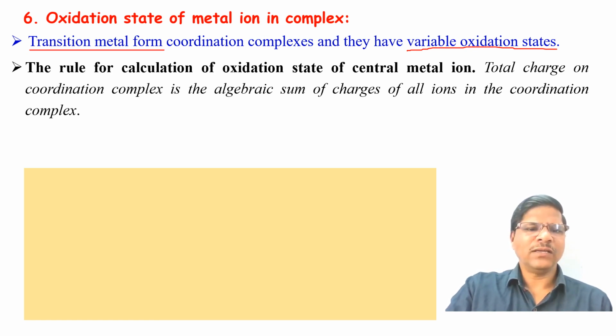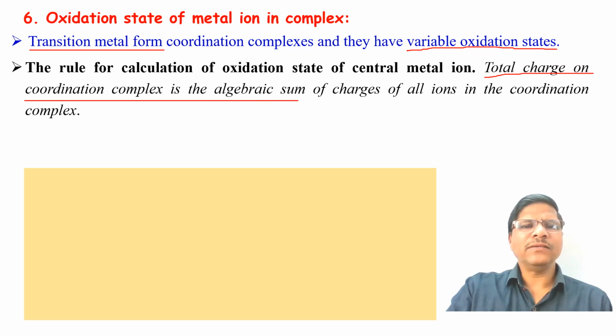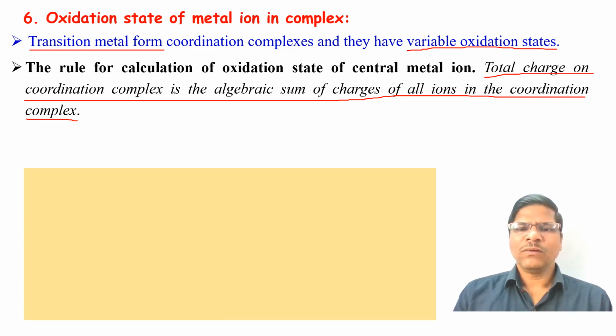So the same thing used earlier: the total charge on the coordination complex or complex ion is the algebraic sum of the charges of all ions in the coordination complex. So if you see, in a coordination complex we have the central metal ion, we have ligands, and we have ionically bonded positive or negative ions with the coordination complex.